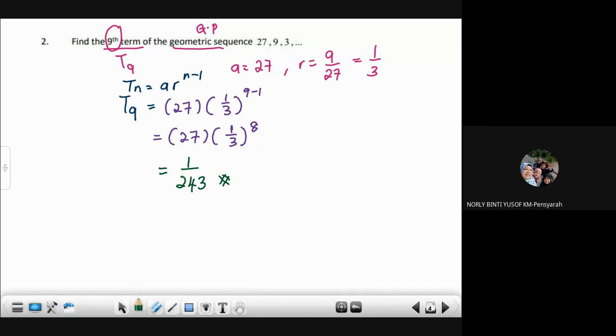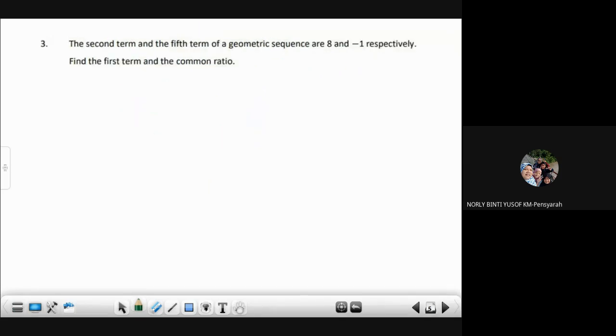Then we go to question 3. Same, basically we are given 2 terms. In arithmetic, we solve simultaneously, either by substitution or elimination, because we have linear equations. But it's a bit different in geometric, because we have the concept of index. To solve, we divide the 2 equations. Here, look at the second term, T2, and fifth term, T5, in a geometric sequence, that means GP, 8 and -1 respectively.